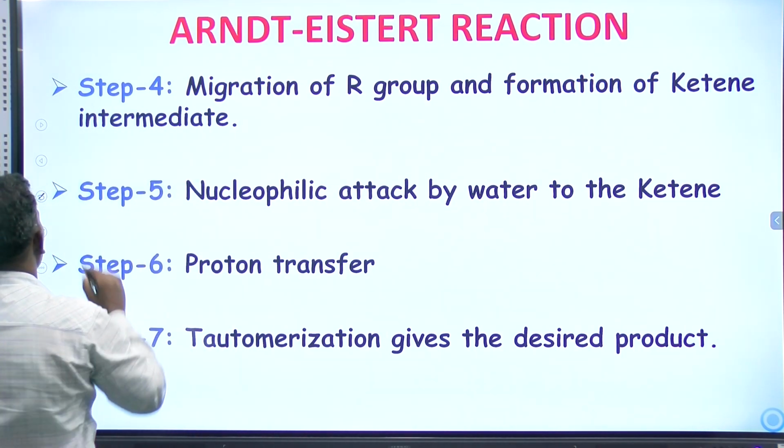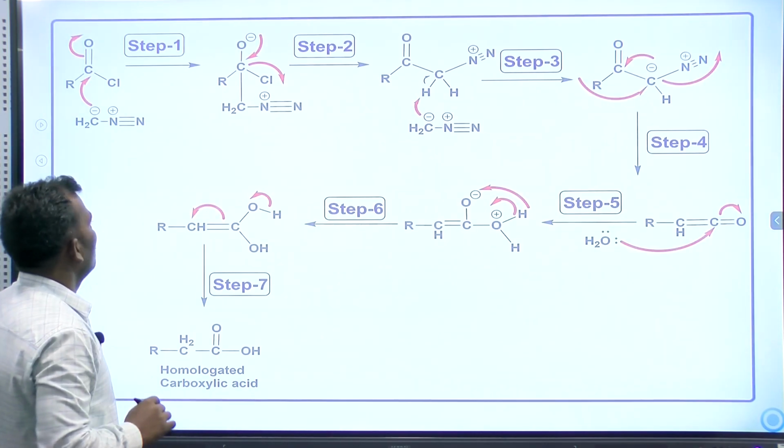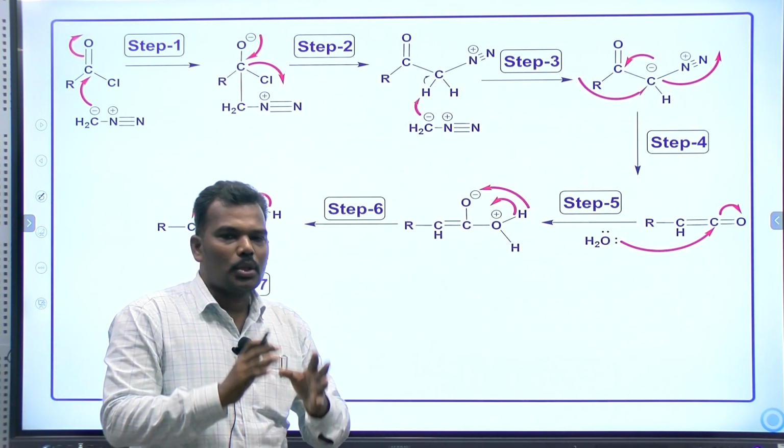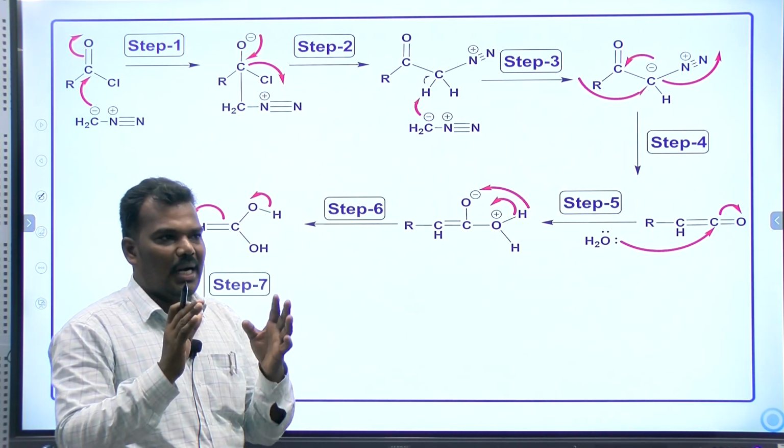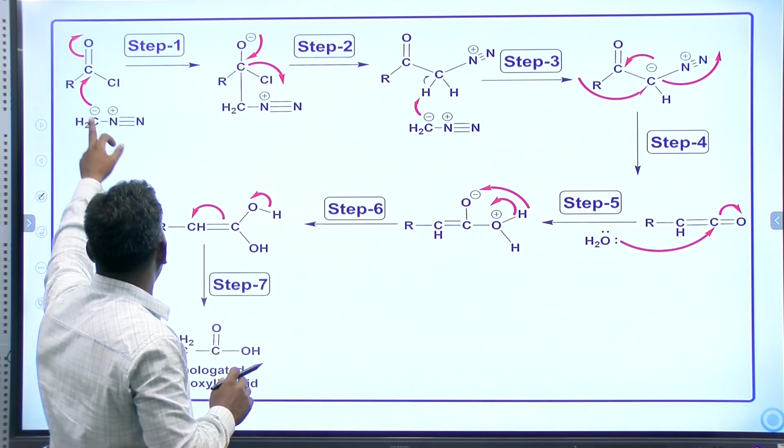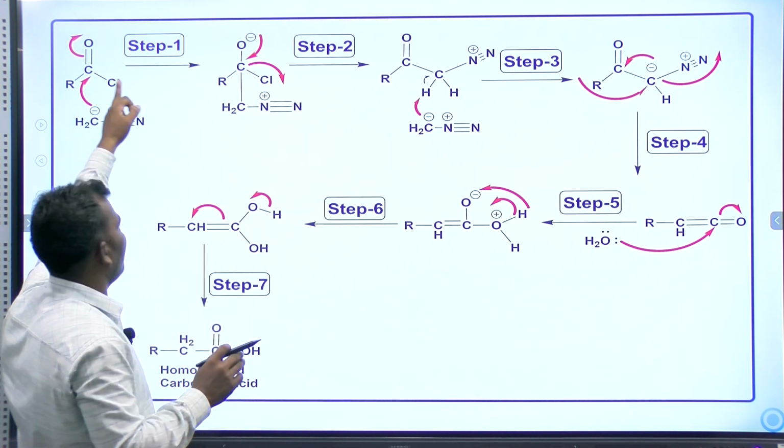Now if we see the total mechanism of the Arndt-Eistert reaction, first of all we have acetyl chloride.